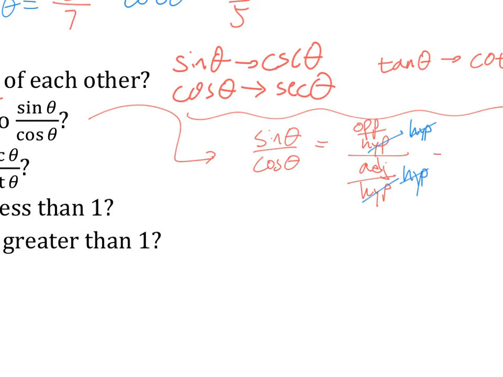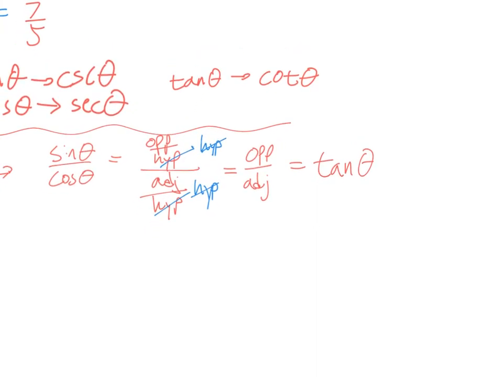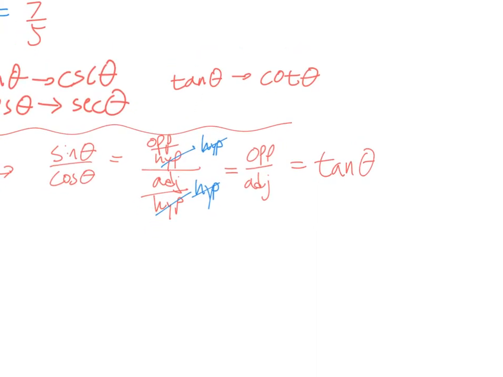We can do that because it's a fraction, as long as we multiply top and bottom by the same thing. And so we get opposite over adjacent. What is opposite over adjacent equal to? Looking up at our definitions, that's just tangent. So sine divided by cosine is the same thing as tangent.